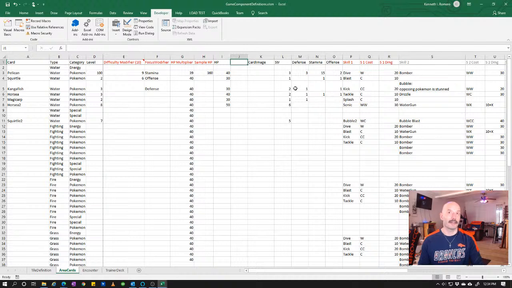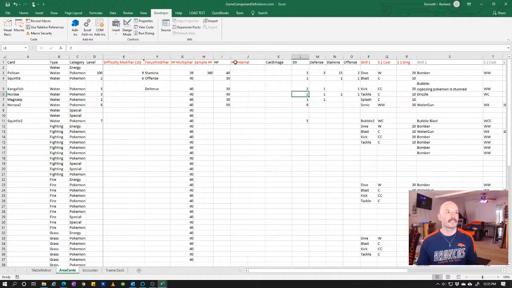It's going to be on our cards, and we haven't put it on there yet, but this will be the HP interval. HP, we'll call it the HP interval, why not?